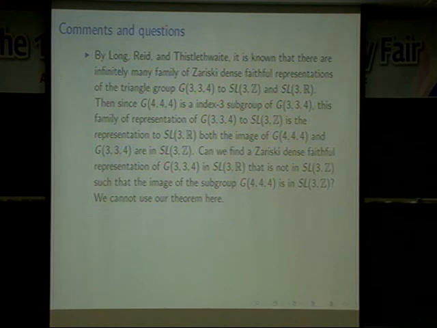Because there are two 3s, we cannot use our theorem here. For 344 we can use our theorem, but for 334 we can't, because there are two 3s.